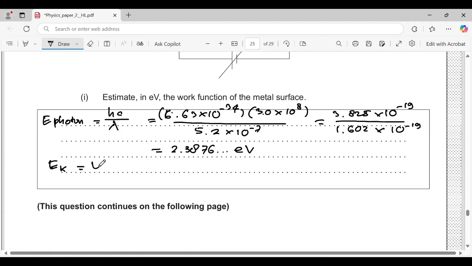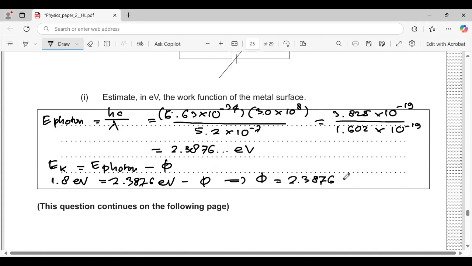Now, using the photoelectric equation, kinetic energy equals E photon energy minus the work function. So 1.8 electron volts equals 2.3876 electron volts minus the work function. So the work function equals 2.3876 minus 1.8.